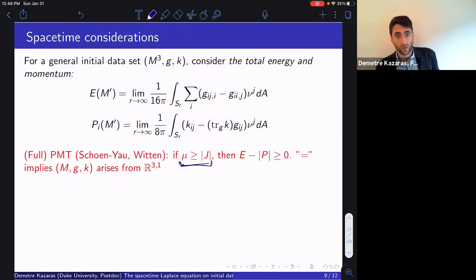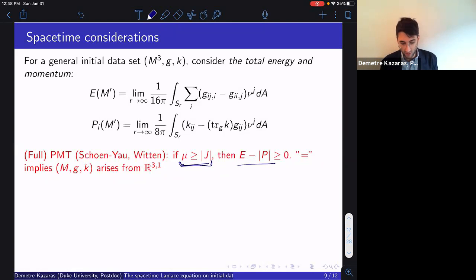And what this should mean is that the total mass of your system is non-negative. Or in other words, that the Lorentz length of the vector (E, P1, P2, P3), the energy-momentum vector of the system, is non-negative. That's the positive mass theorem in full generality. You could call this the space-time positive mass theorem.